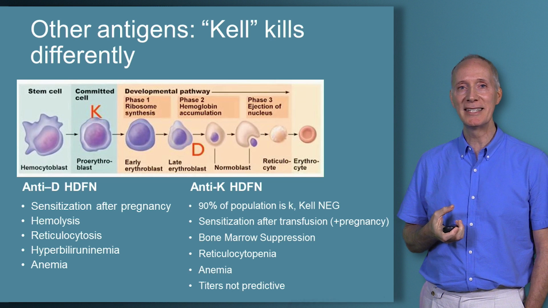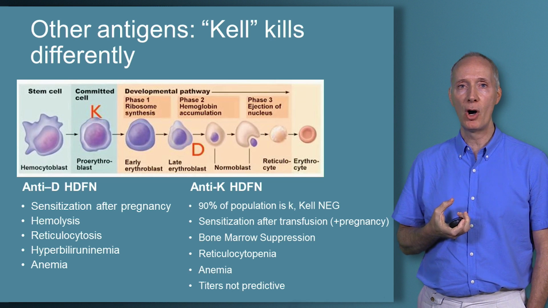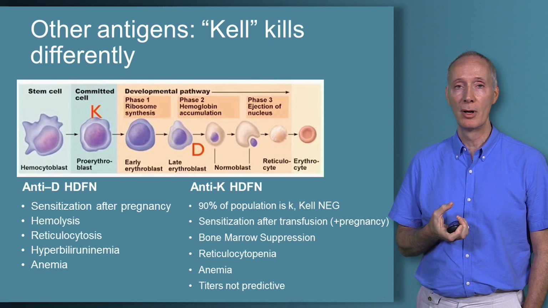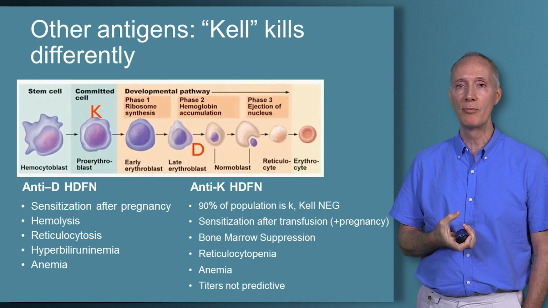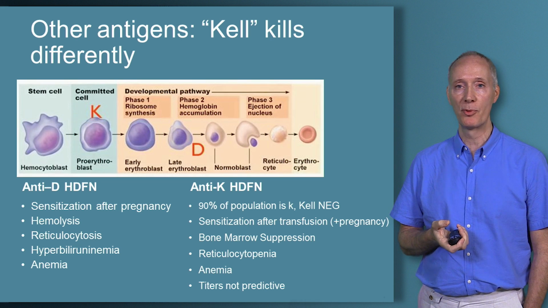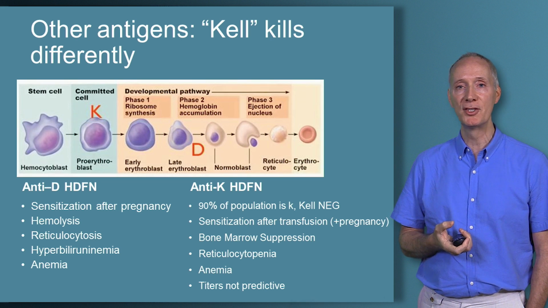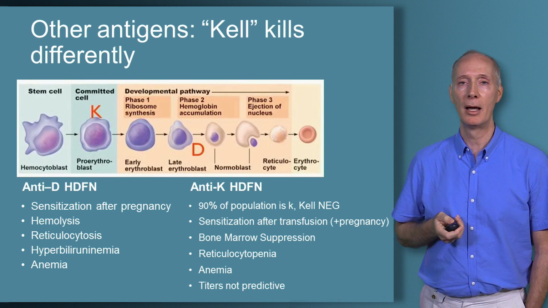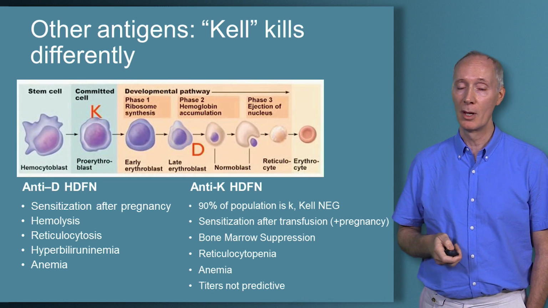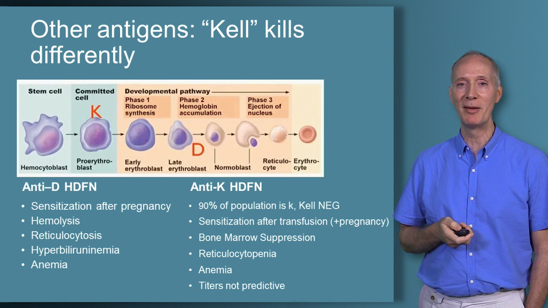So you can imagine that these antibodies will have an effect on the bone marrow. No hemolysis will occur there, but you will get a bone marrow suppression that will dry up the erythropoiesis and therefore lead to a reticulocytopenia, or a lack of young red blood cells. This can ultimately lead to anemia.